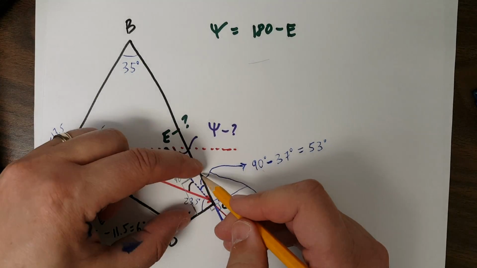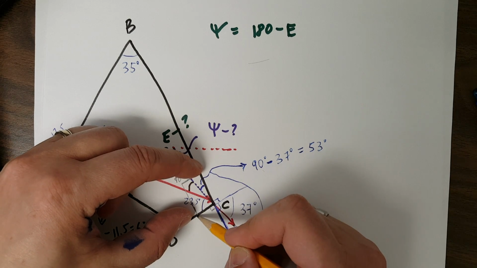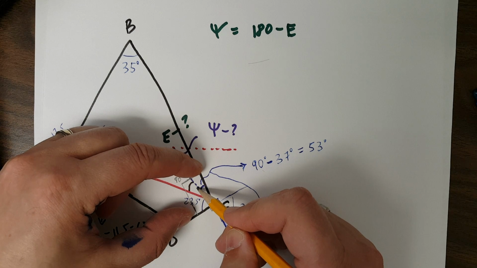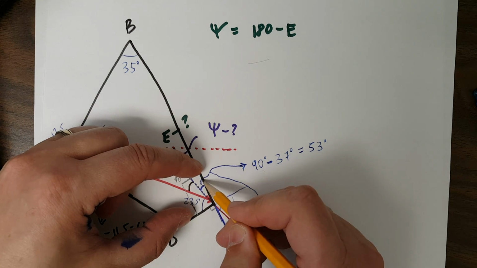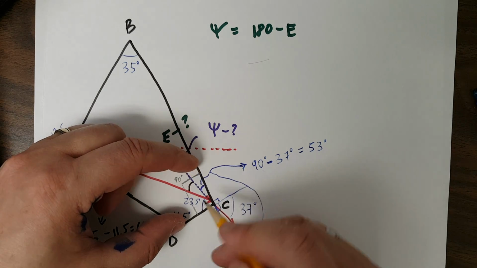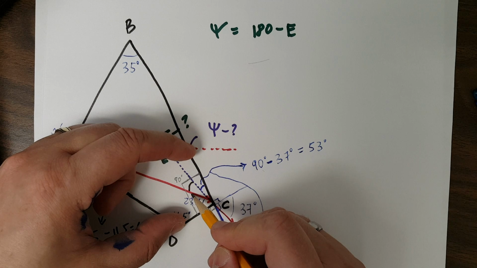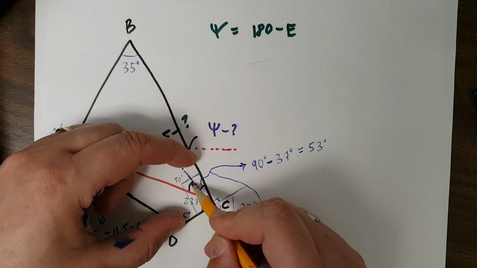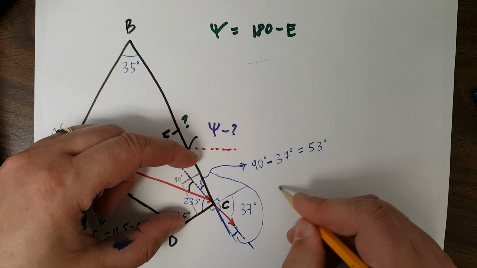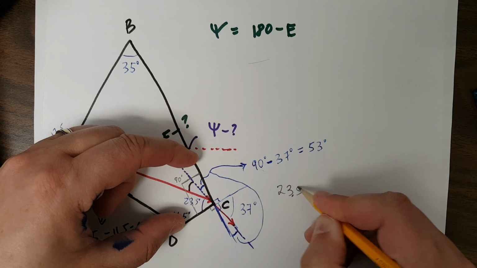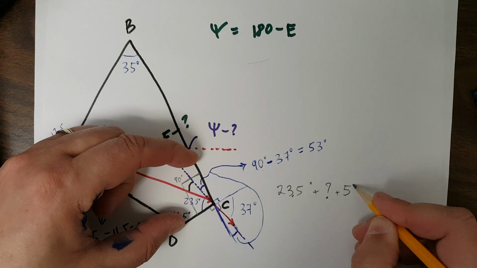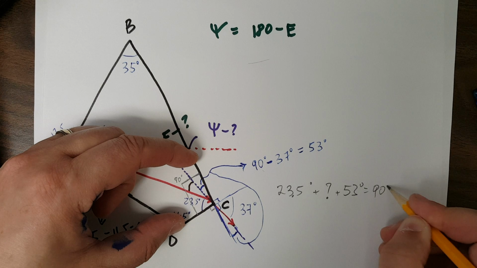So this complete angle equals 90 degrees, but it has three parts, from here to here, from here to here, and then from here to here. So if I add these three angles, I should get 90. So 23.5 plus the angle we need to get plus 53 should be equal to 90. So let's write it down. 23.5 degrees plus a question mark plus 53 degrees equals 90 degrees.